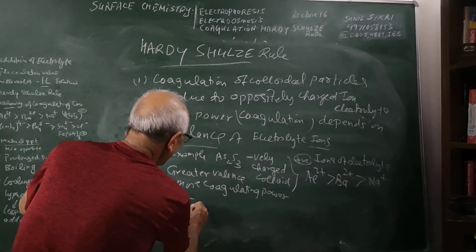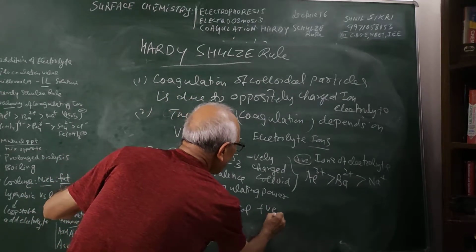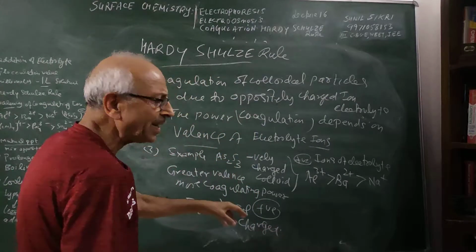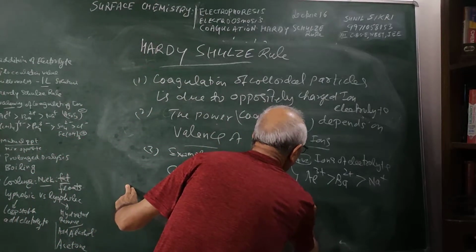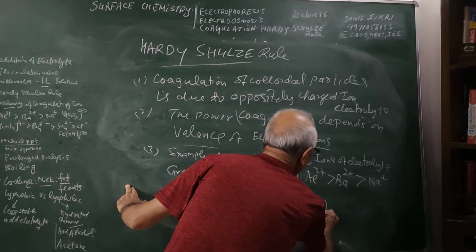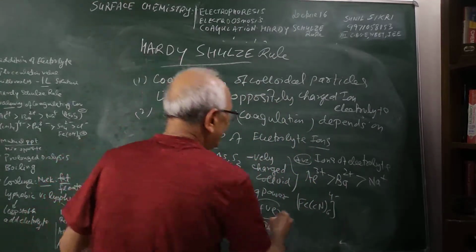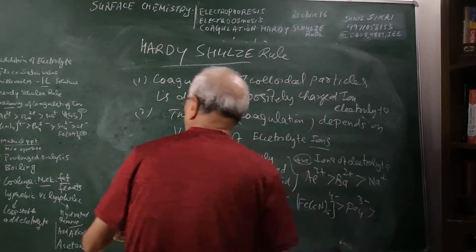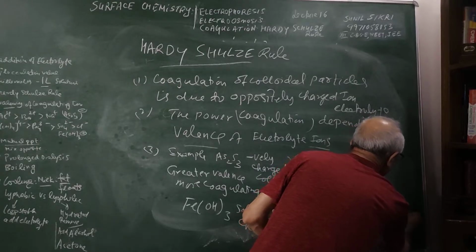If I take ferric hydroxide sol, this is positively charged, and here you will need negatively charged ions. For example, Fe(CN)6 4-, this is 4 minus, which will be greater than PO4 3-, and then SO4 2-, which will be greater than Cl-.